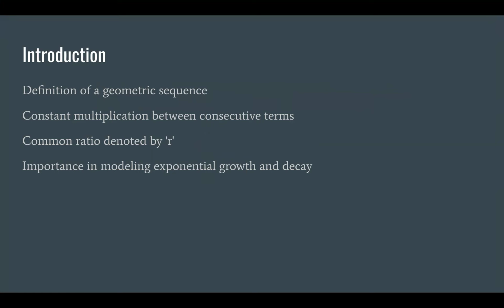This constant is called the common ratio, denoted by the letter R. It is important to understand geometric sequences as they are used to model exponential growth and decay, which are common in various real-world scenarios.